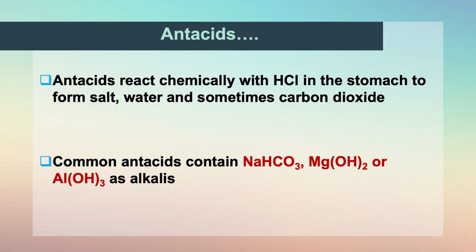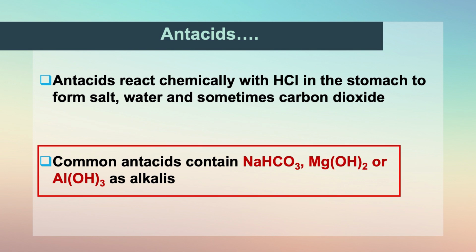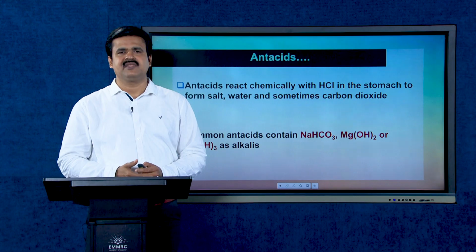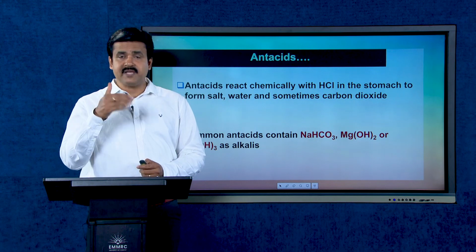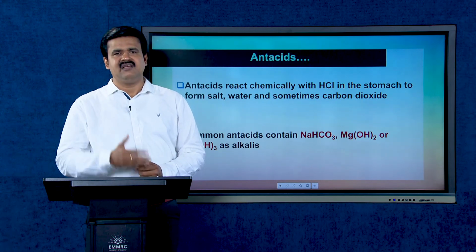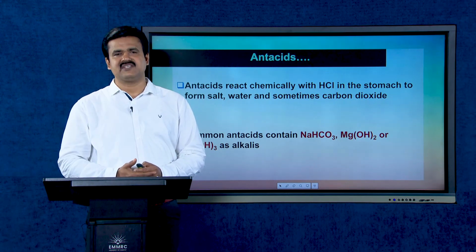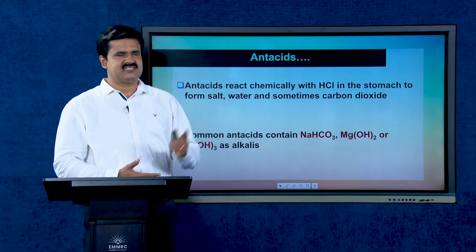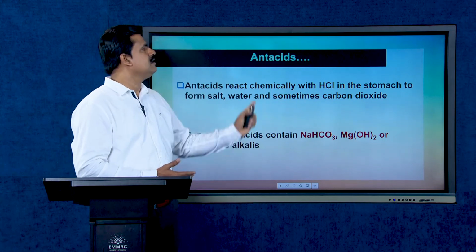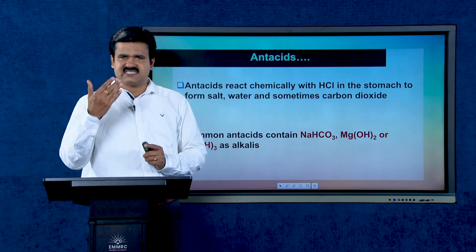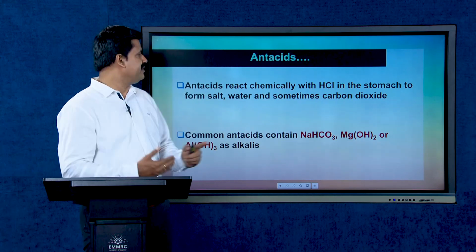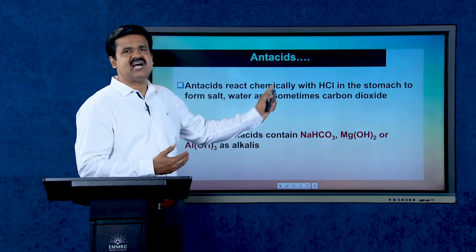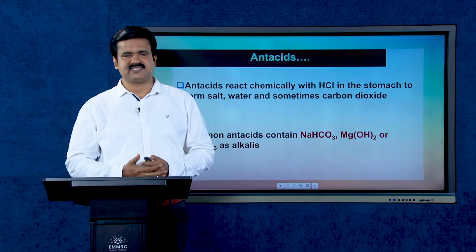Common antacids contain sodium bicarbonate, magnesium hydroxide, or aluminum hydroxide as alkalis. Suppose the antacid contains sodium bicarbonate as the alkali. When it reacts with hydrochloric acid of the stomach, sodium chloride along with carbon dioxide is produced. That's why we mentioned here that during the reaction of antacid with HCl, there occurs the formation of salt, water, and sometimes carbon dioxide.